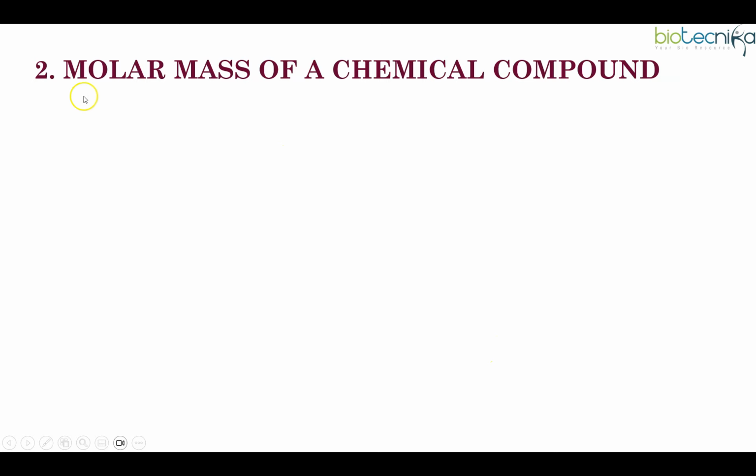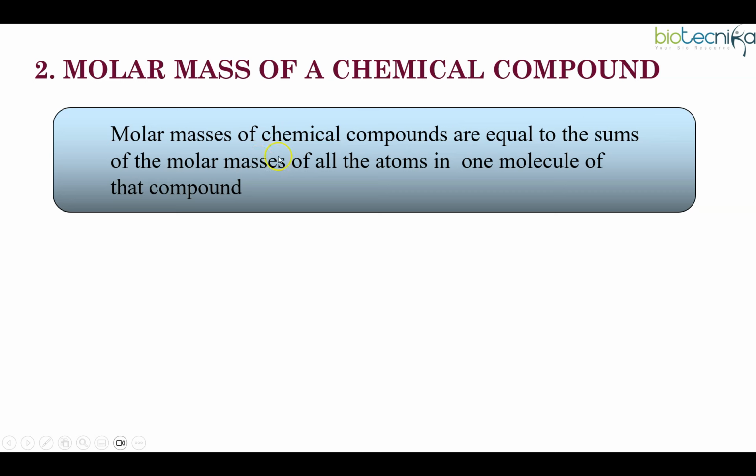Next is calculation of molar mass of a chemical compound. Molar mass of chemical compounds is nothing but equal to the sum of the molar masses of all the atoms in one molecule of that compound. For example, if we take NaCl, we have 1 mole of sodium and 1 mole of chlorine in this.